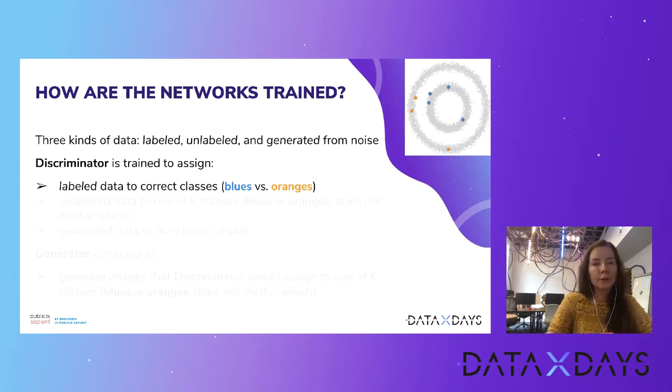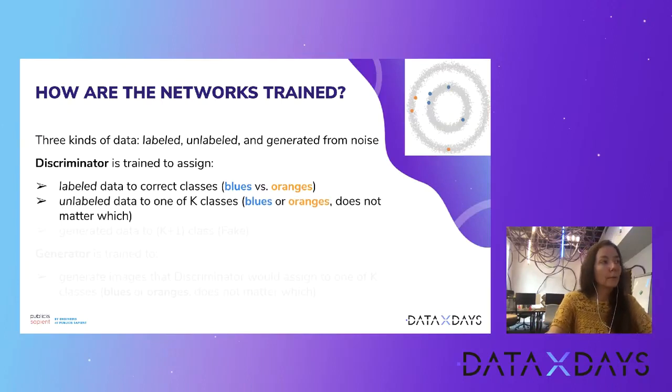Now, the discriminator has to deal with all 3 types of data, and it has to deal with them differently. So first of all, it is trained to assign the labeled data to correct classes, so blues to blues, oranges to oranges. Now, the unlabeled data just has to be assigned to one of the real classes. So it's blues or it's oranges, but we don't know which ones, so we don't care. The generated data, however, has to be assigned to this new fake class.